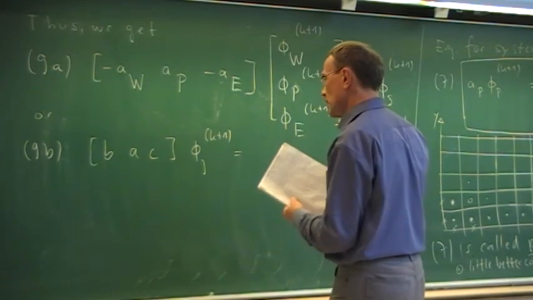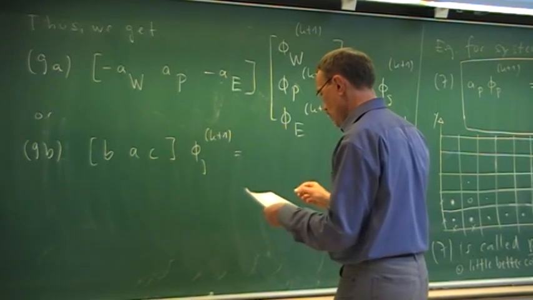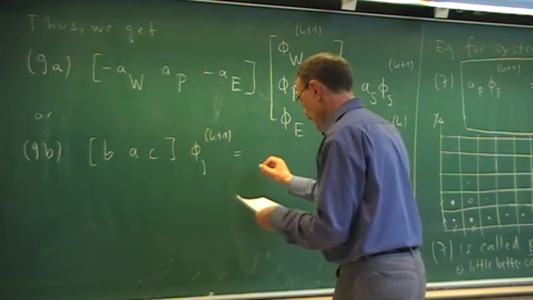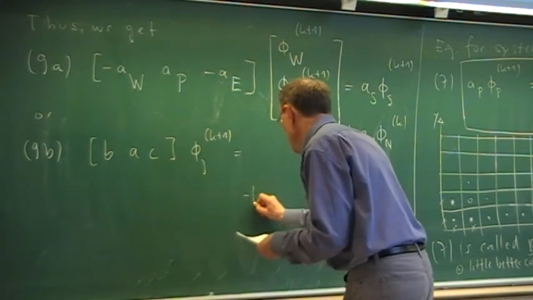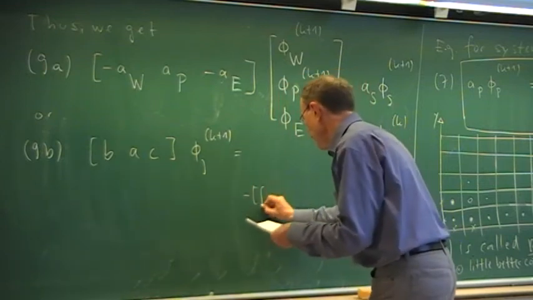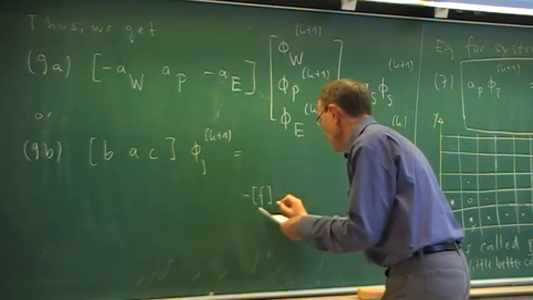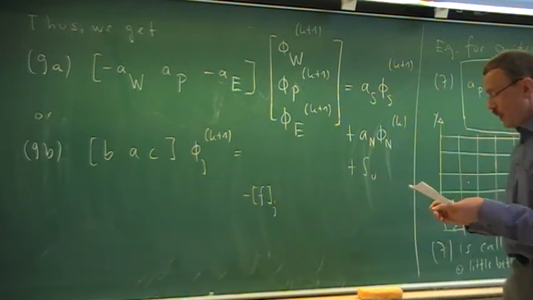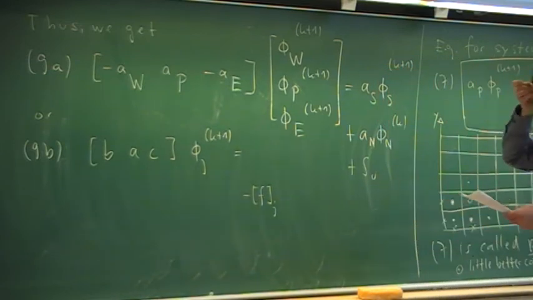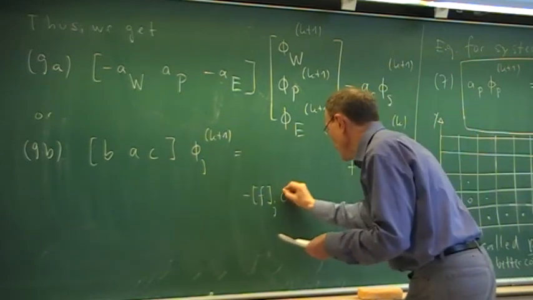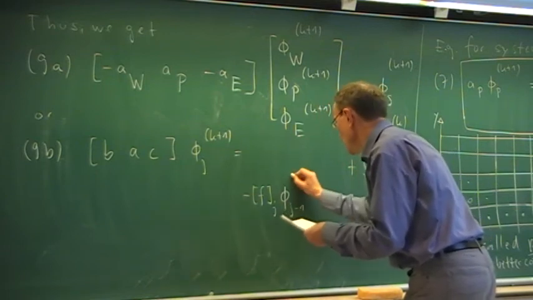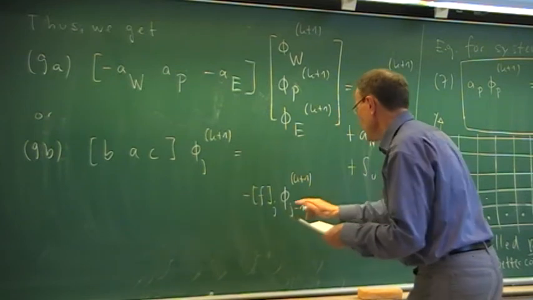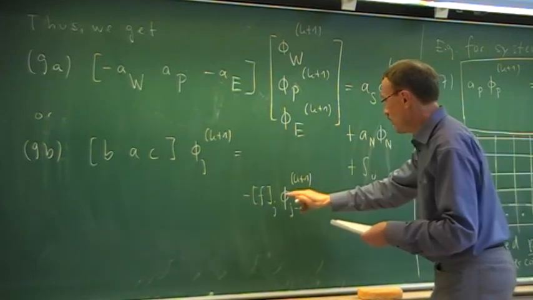And let's see, that is equal to minus the fj that is coming from the southern points. And there we have the phi j minus 1, that is at the new iteration, that corresponds to this here.